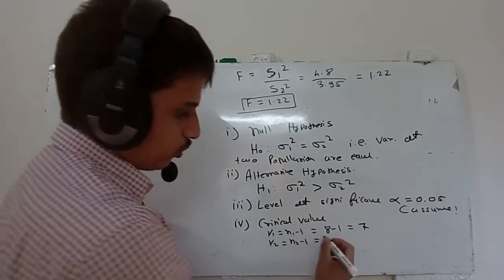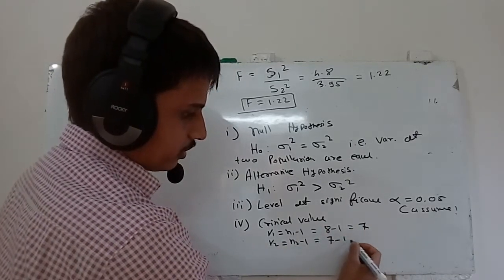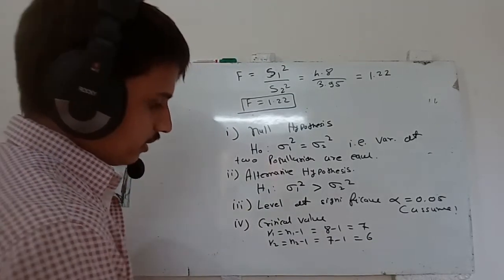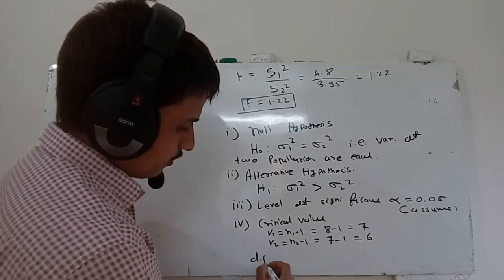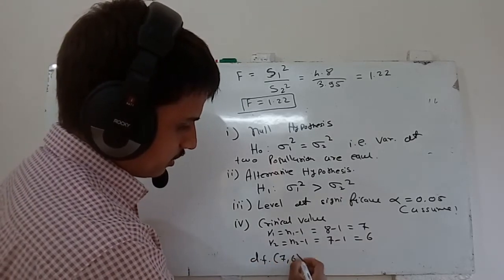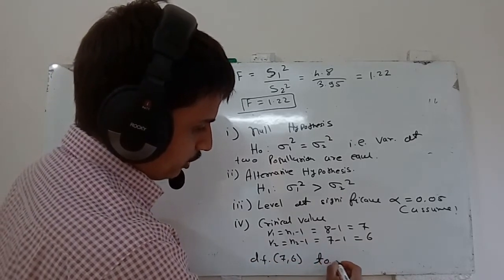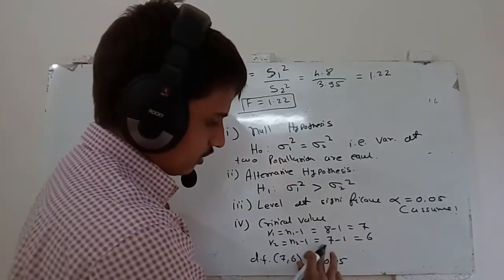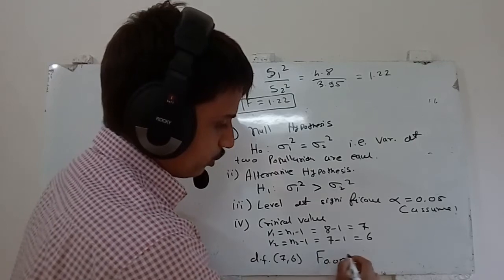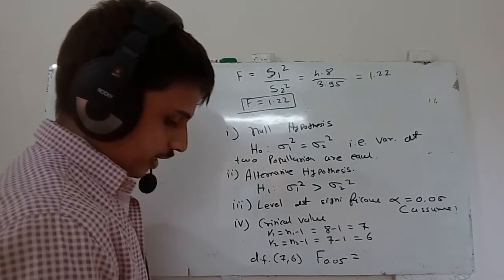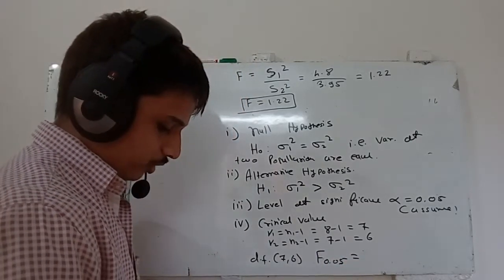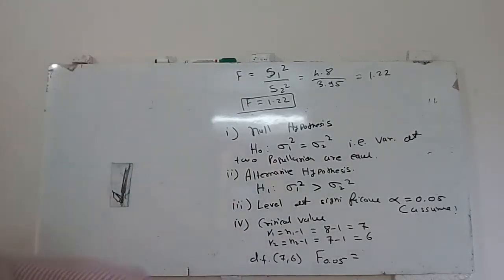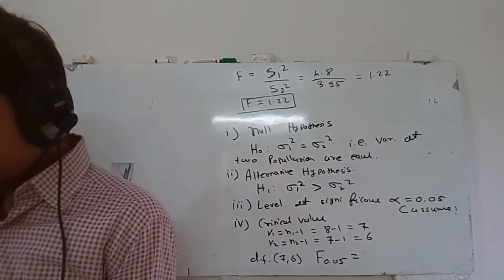And in sample 2, total items were 7, so it is 6. Now in the question it was given that at degrees of freedom 7, 6, F 0.05, it means 5% of significance, is 4.2.